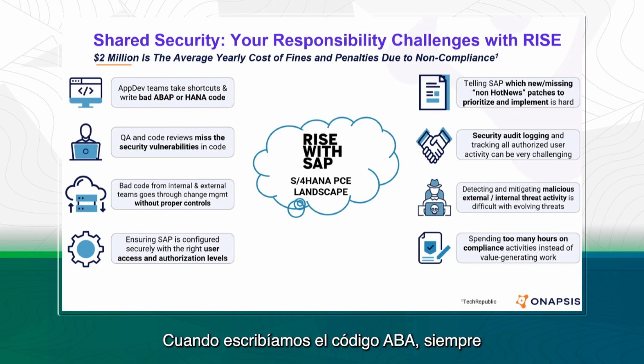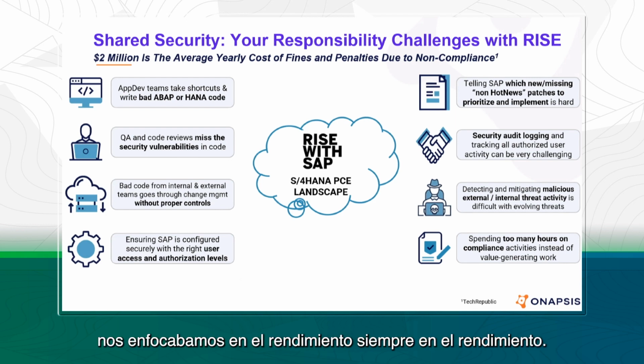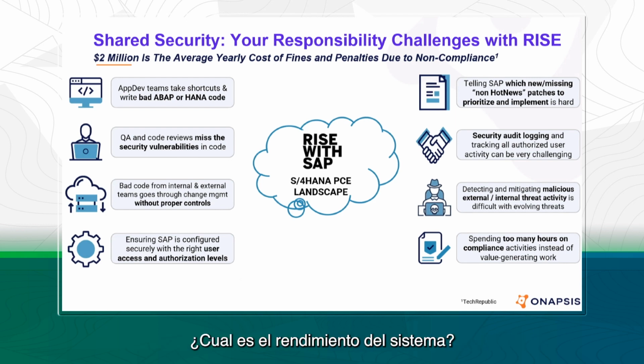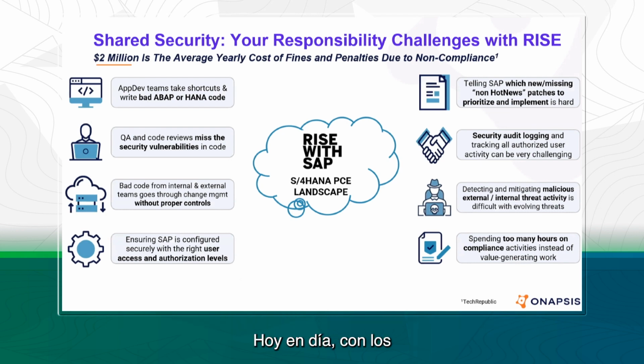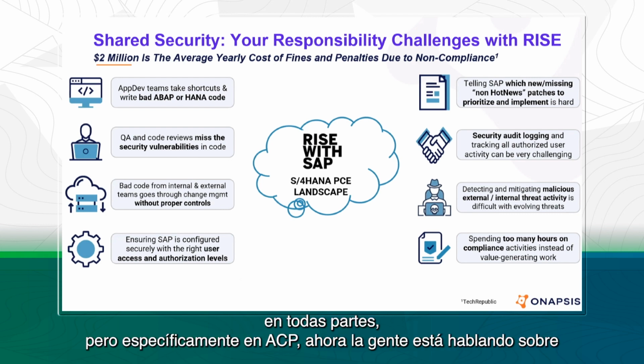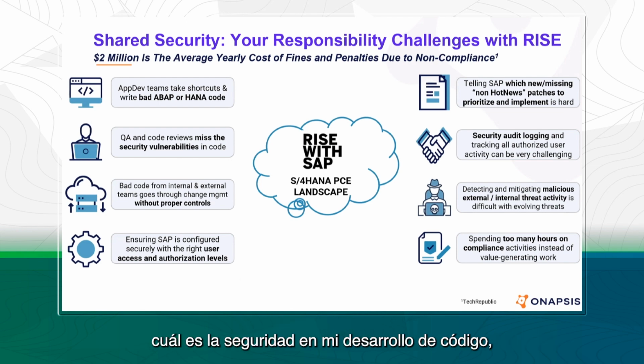We were always taking care of the performance. How is the performance of the system? Nobody was asking how is the security of this development. Nowadays, with threat actors being more active everywhere, but specifically in SAP, people are now talking about what is the security in my code development.